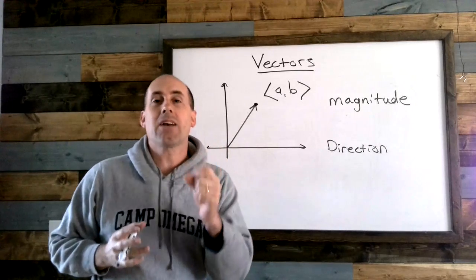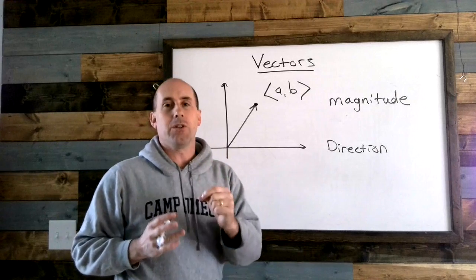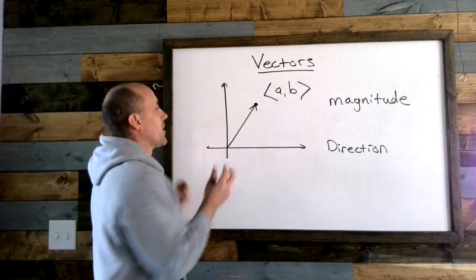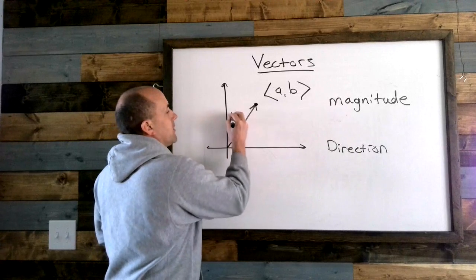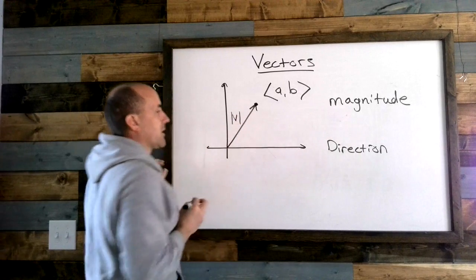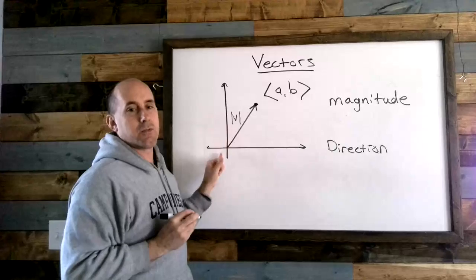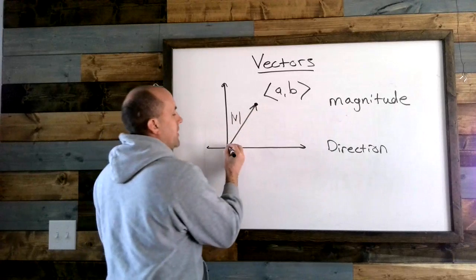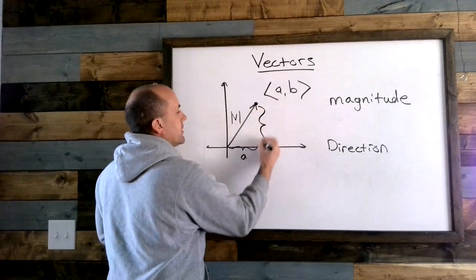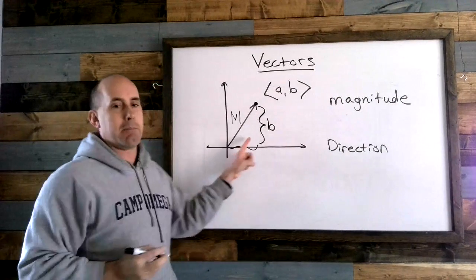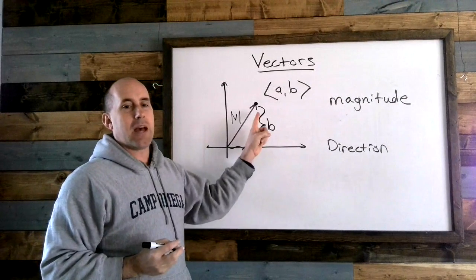You're going to find exactly why we relate them to you in the course of trigonometry. This is the magnitude of the vector. We say that the magnitude of a vector is the absolute value of the vector, or the distance it is from 0. How do we compute that? Well, you go over a units and up b units. So if I go over a and up b, that brings me to that location.